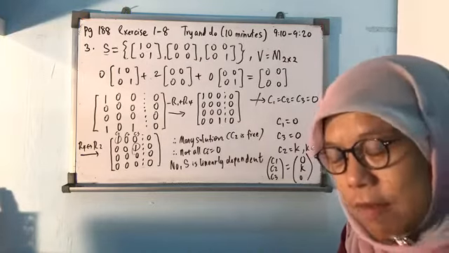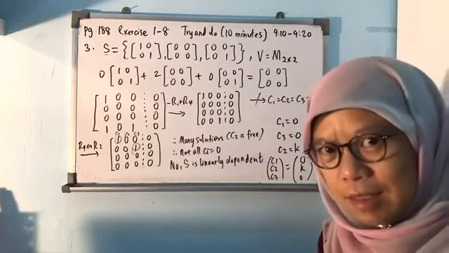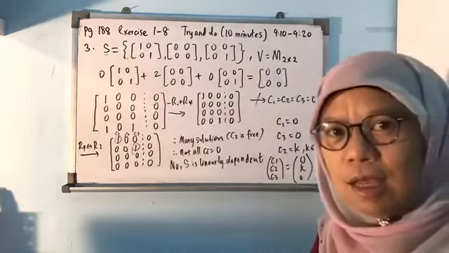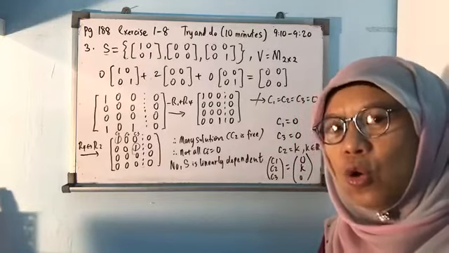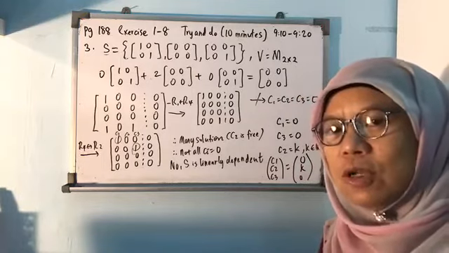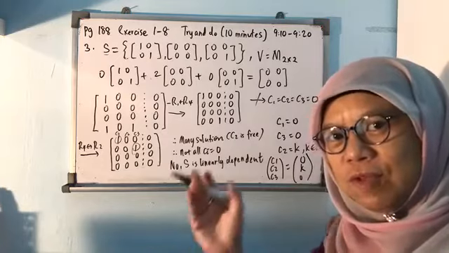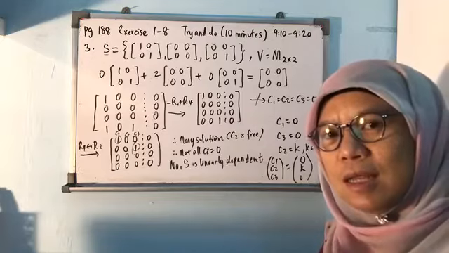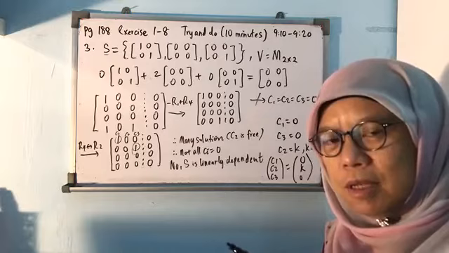The point is, the trick is, when you are given S, if there is a 0 vector in the set S, S is always dependent. Later on I will give you the theorem. If there is a set S and there is a 0 vector in the set S, it is always linearly dependent, meaning not linearly independent.